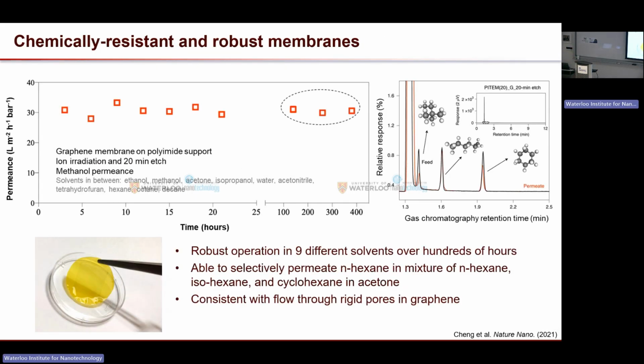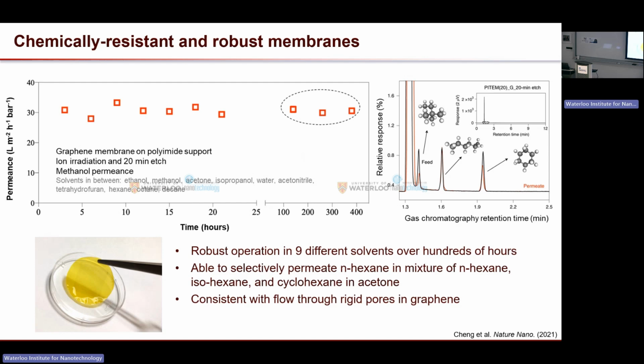So these membranes are extremely robust. We operated them in like 9 different solvents, and this is like 400 hours of testing. And these red dots are methanol flow rates after going through all of these and coming back to methanol. You can see it's flat. And then in mixtures, so this is these molecules added into acetone, and this is before and after.